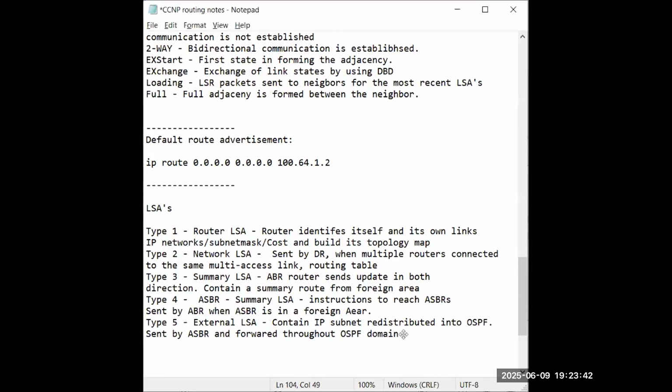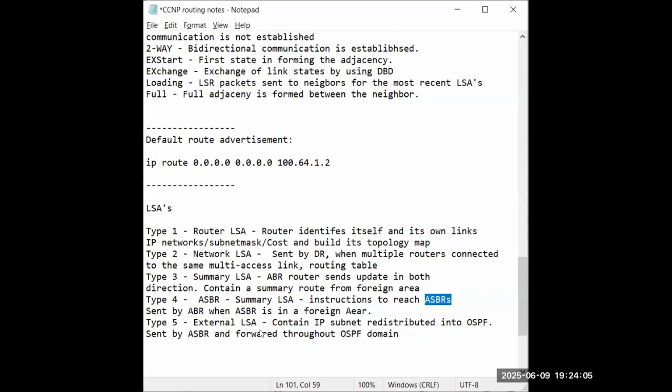Sorry for that. So type 4 is going to send instructions to reach the ASBR. That is sent by the ABR when the ASBR is in a foreign area.